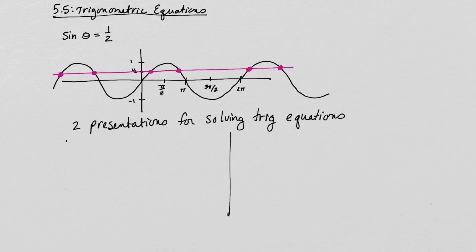One is you can see things like: solve the sine of theta equals 1/2 on the interval from 0 to 2 pi. Remember, 0 to 2 pi is once around the unit circle. So we're talking about all the values once around the unit circle, going up here to 2 pi. If we're solving just on the interval from 0 to 2 pi, we're talking about this answer and this answer here.